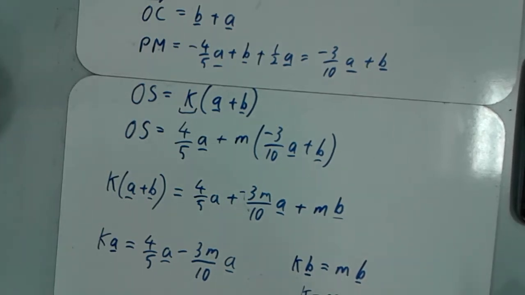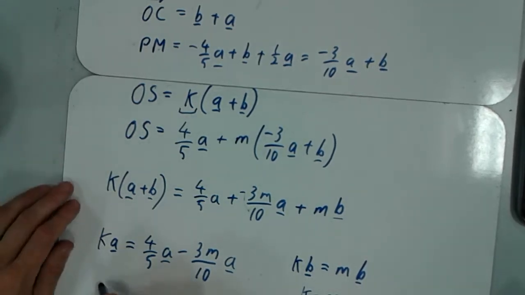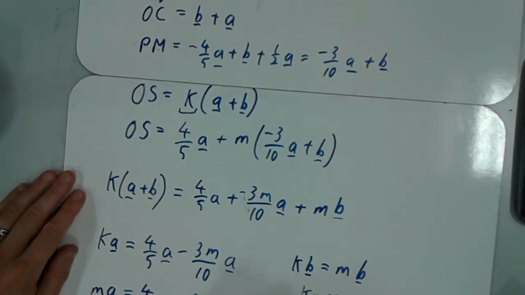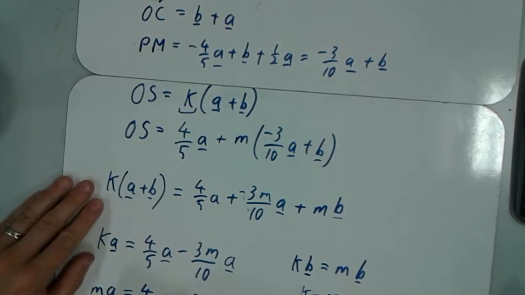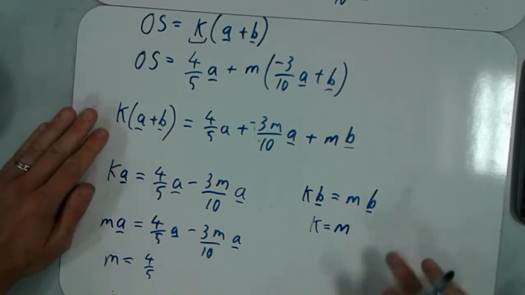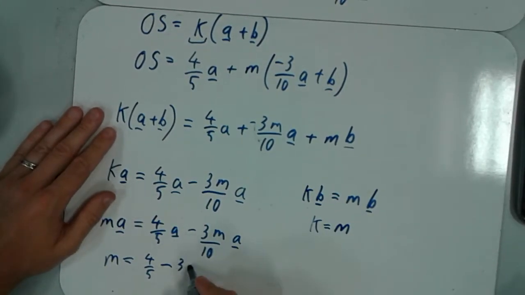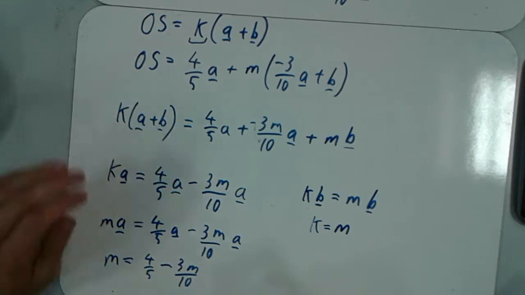That's excellent. I can just substitute my k into here to get mA is equal to 4/5 of A minus 3m over 10 lots of A. Everything has an A in it, so I know that m must equal 4/5 minus 3m over 10.